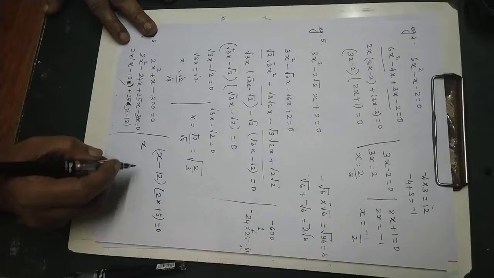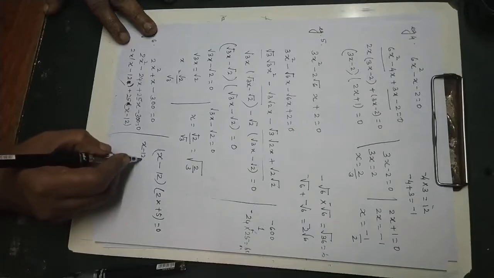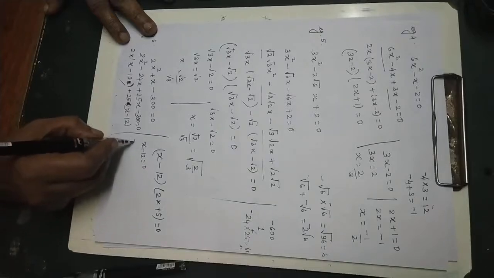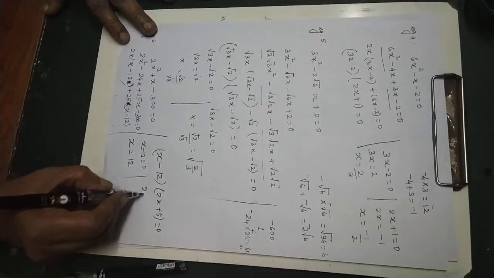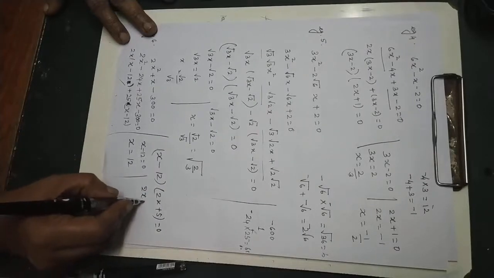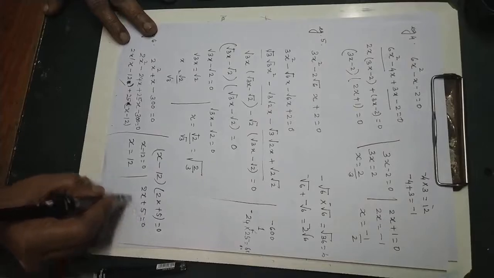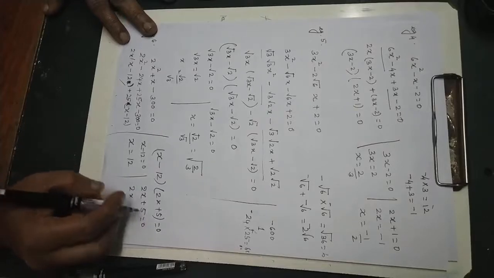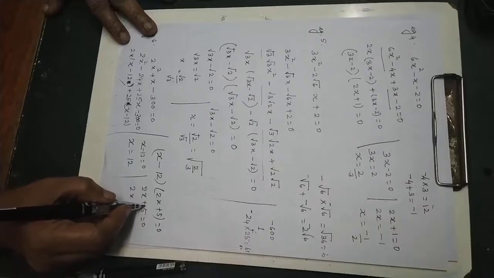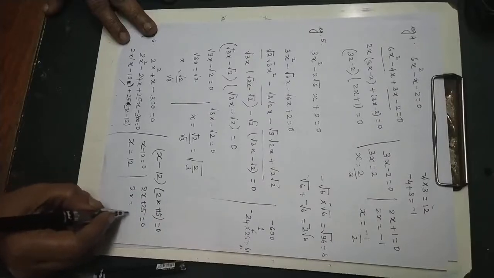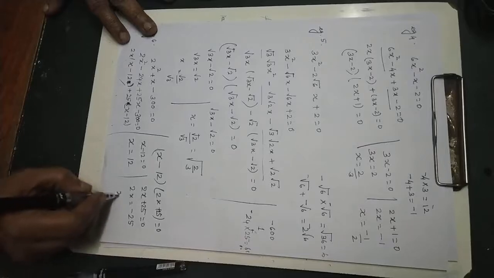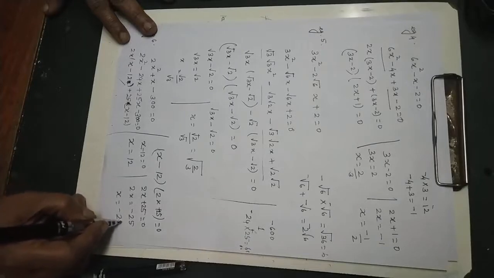So x minus 12 is equal to 0; in the first equation you will get x is equal to 12. Then in the second part, 2x plus 25 equal to 0, or 2x is equal to negative 25, or x is equal to negative 25 by 2.